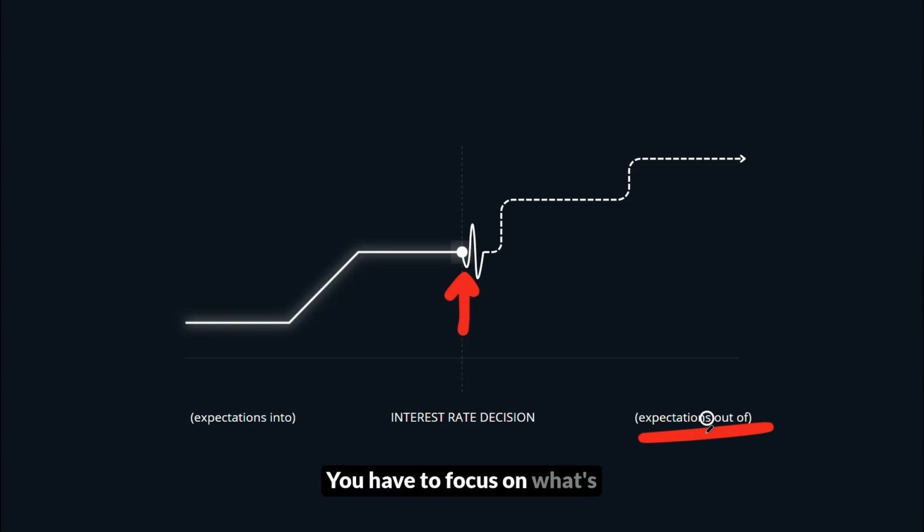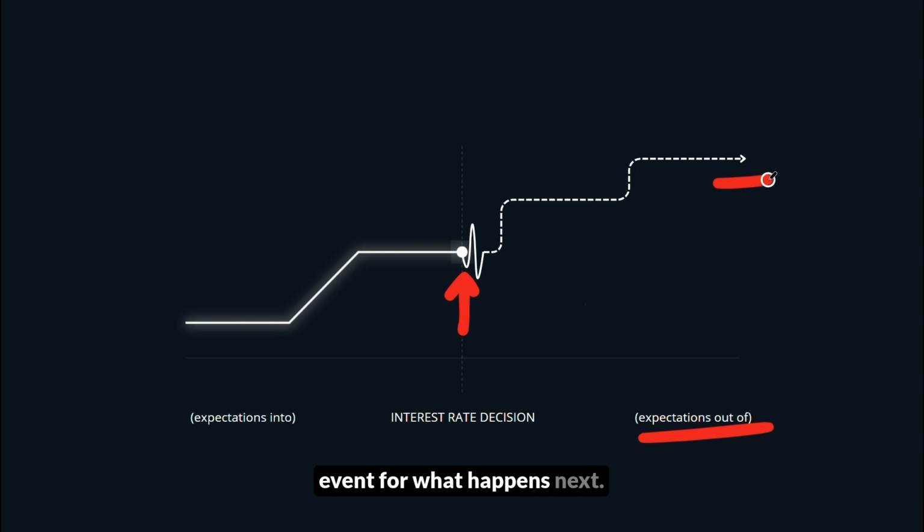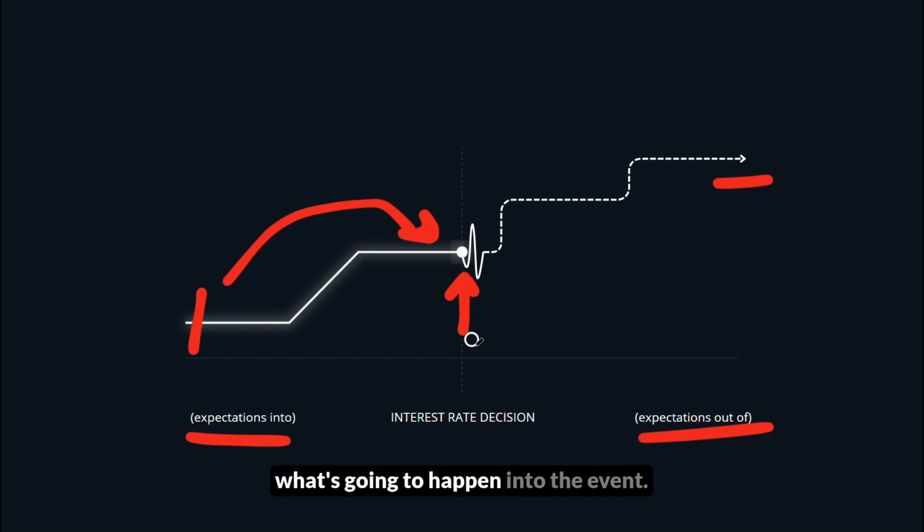You have to focus on what's next, the expectations out of the event for what happens next. That's what moves the market, because the expectations into the event are also the expectation of what happened next, because at this point you're pricing what's going to happen into the event.